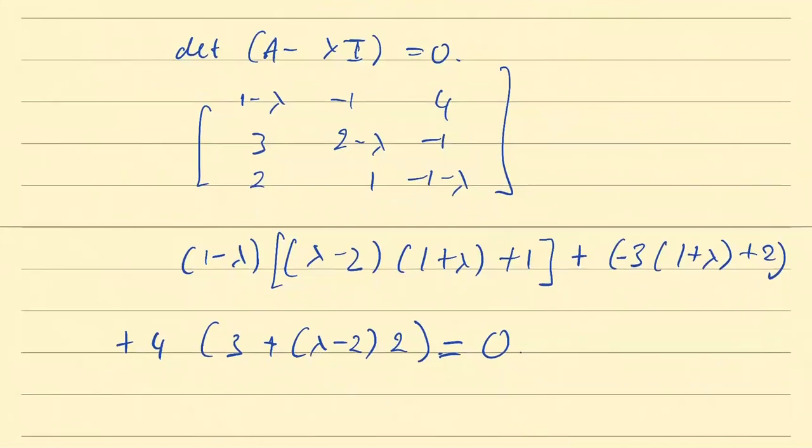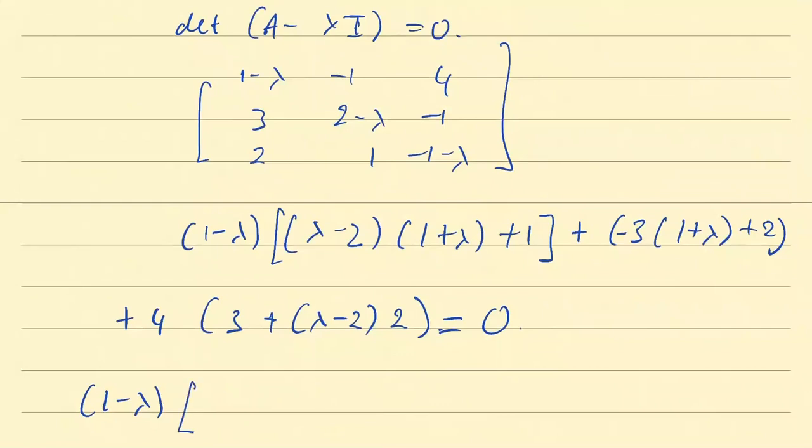Okay, so let's see what we have. We have 1 minus lambda, and then we got, let's say, lambda square minus 2 lambda plus lambda is minus lambda, minus 2 is going to become a plus 1, a minus 1.